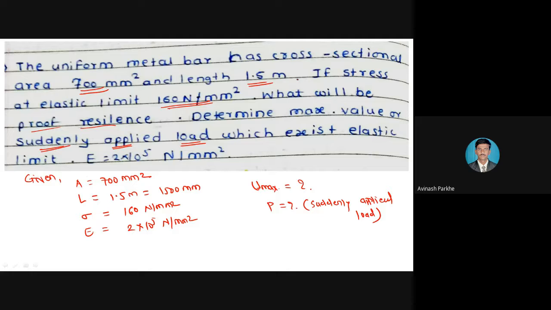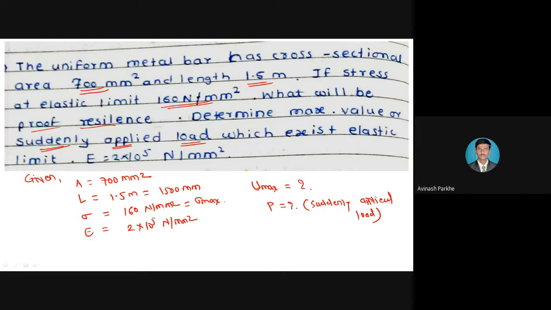Whatever stress is applied, we take it as sigma max, because the elastic limit is the maximum limit. Once the body crosses the elastic limit and I remove the load, the body does not regain its original position. The body regains its original position only within the elastic limit.